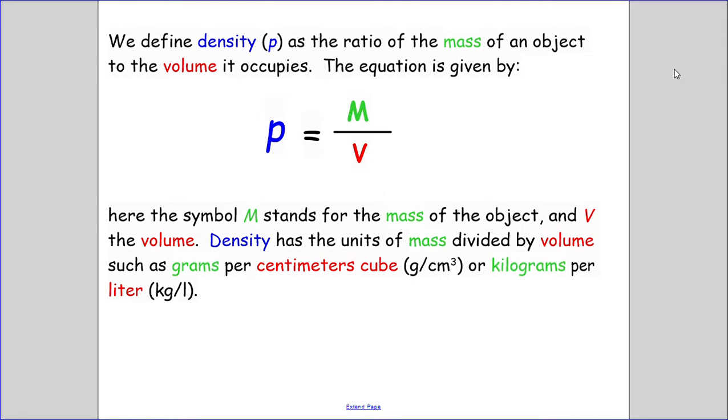Density is our symbol rho, which looks like the letter P, has the units of mass divided by volume, such as something like grams per cubic centimeter or kilograms per liter. So density basically is any ratio of mass compared to some sort of volume that's present. And that equation, density is equal to mass over volume, we can use that in a couple of different ways.